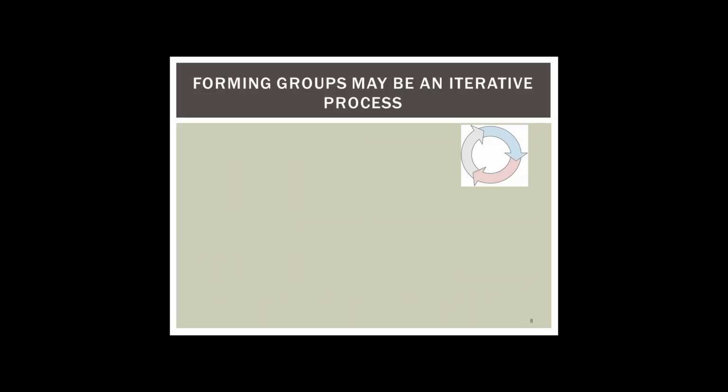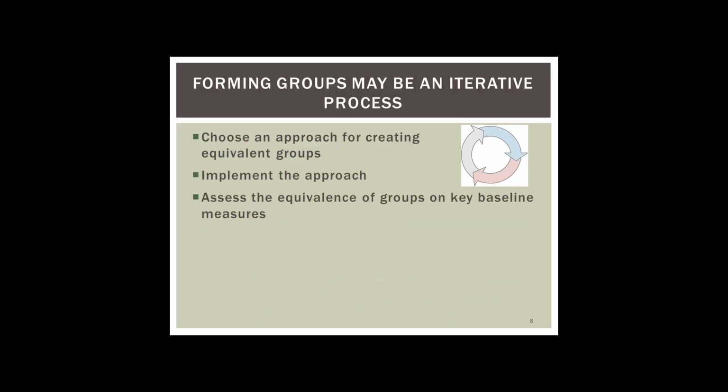The other thing I want to say about the matching process and making these groups equivalent is that it is very much an iterative process. You choose the matching method that you want to use to create the equivalent groups. You'd implement that approach. Then you check for the equivalence of groups on the key baseline variables, or the variables you used to match on.